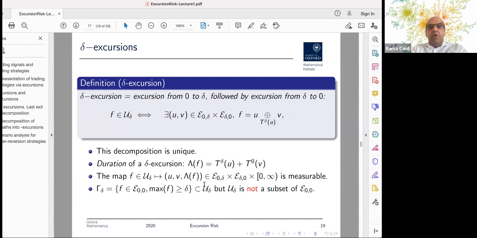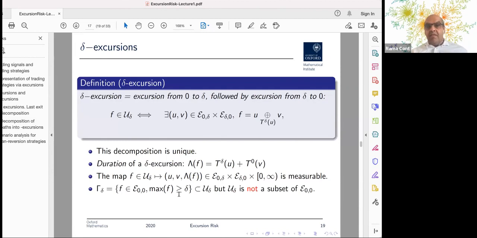Okay, so what examples of delta excursions do we know? Well, the simplest example is this. If you take an excursion from 0 to 0 whose maximum is greater than delta, it means it's a path going from 0 to 0 which reaches delta at some point.